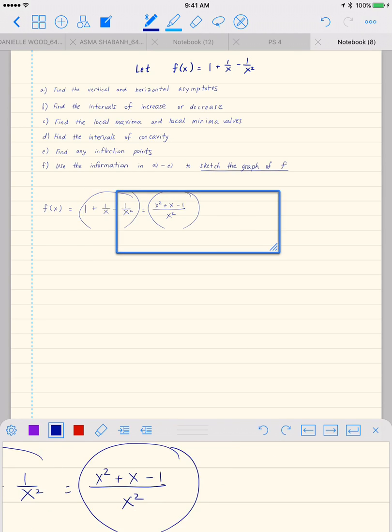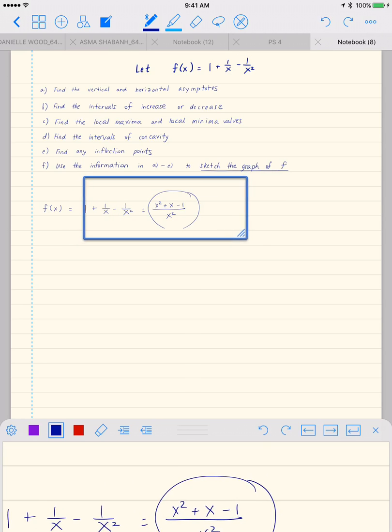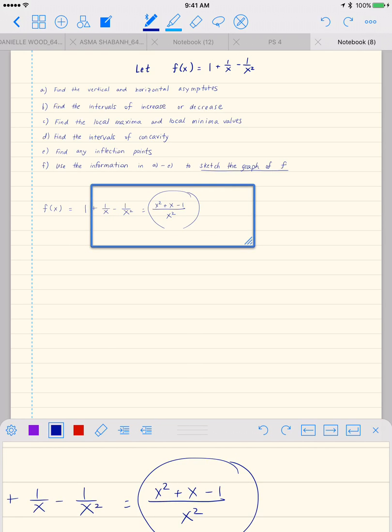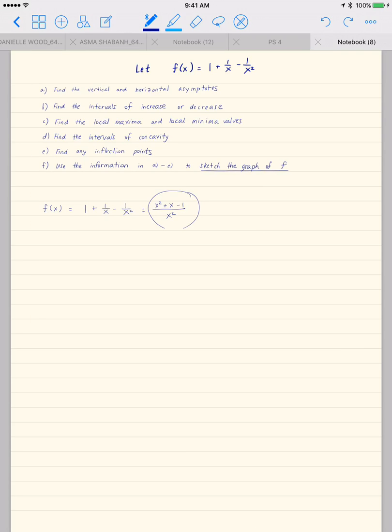Now, what we want to do is figure out when f has a vertical asymptote. It's going to be better for us to use this form because f is a rational function. So f has vertical asymptotes where f is undefined.